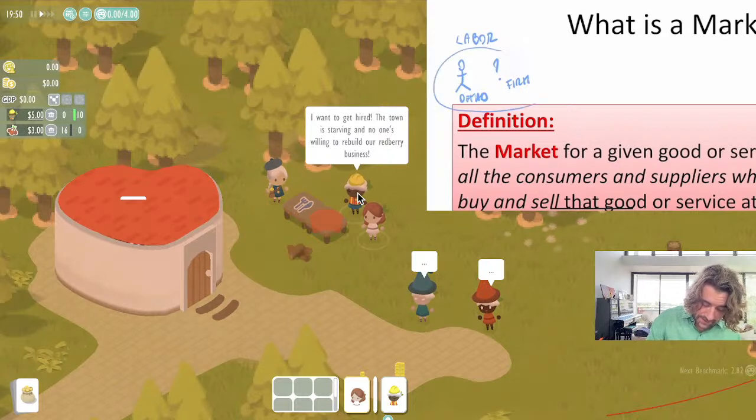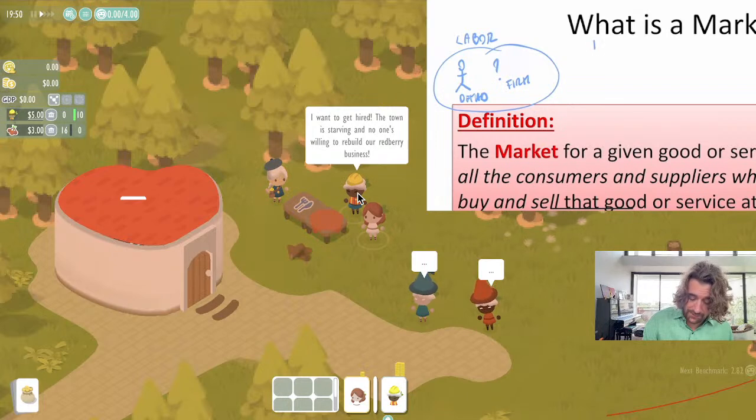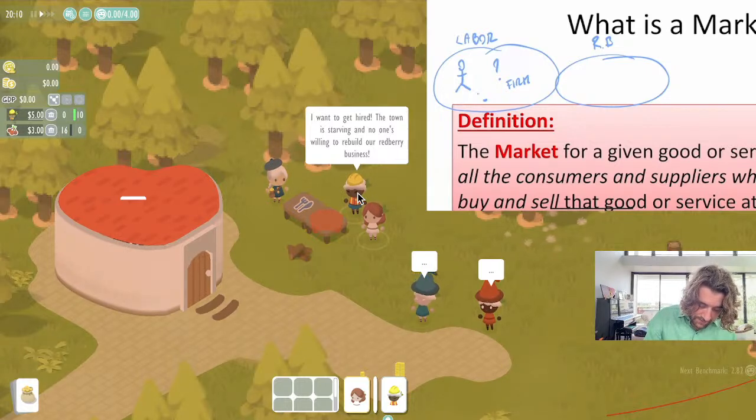So this is the first market. The second market, the red berry market, is made by someone who is demanding. Sorry, this is wrong. In the labor market we have someone offering, so supply, our worker supplying labor, but there is no firm demanding labor. So the market is incomplete at this point.